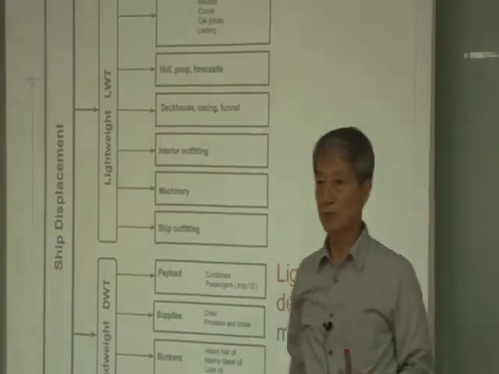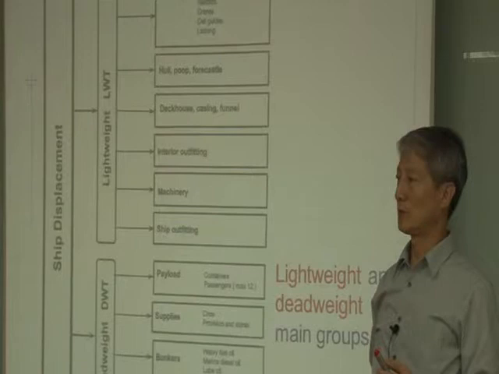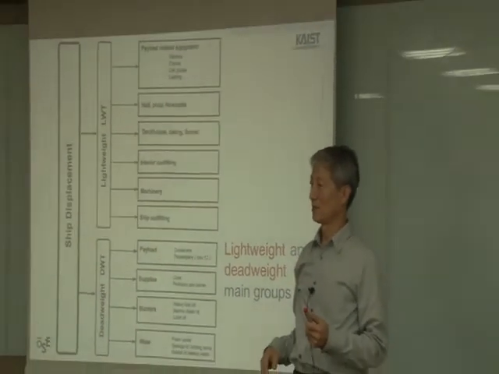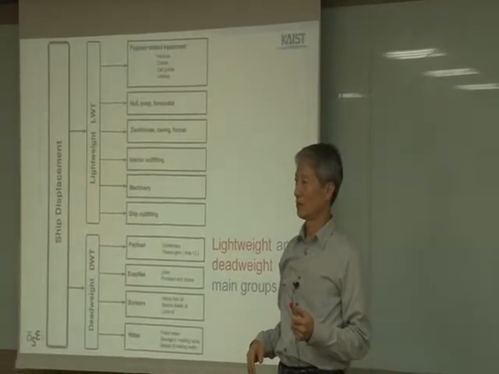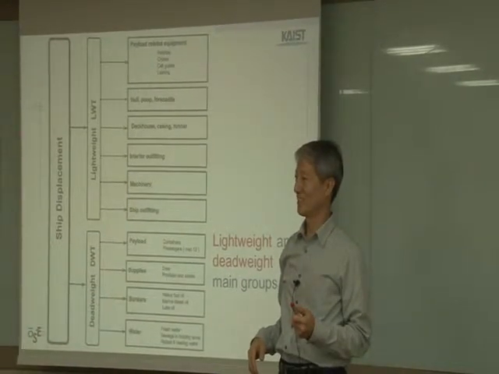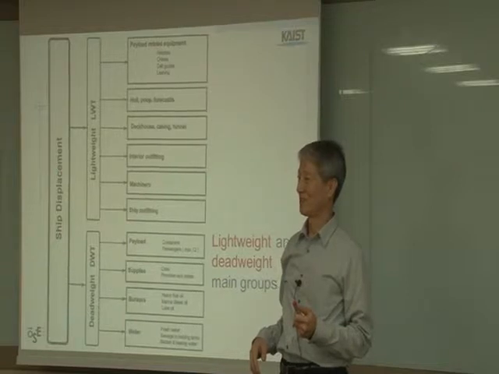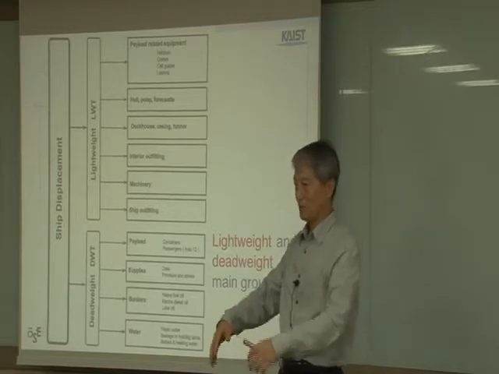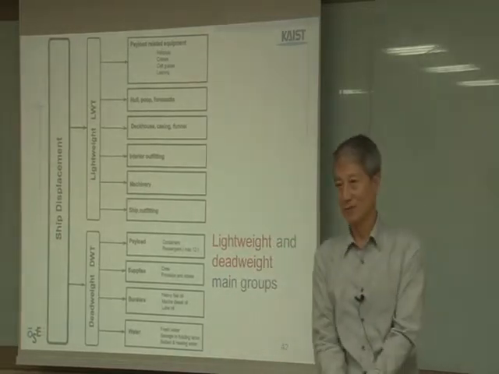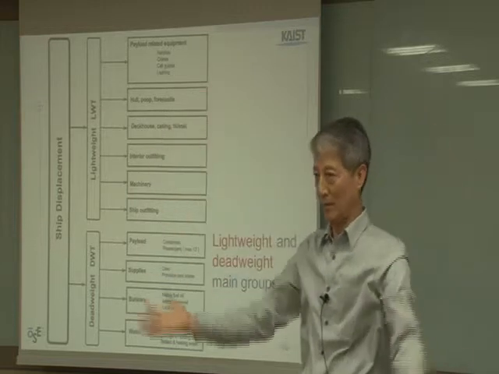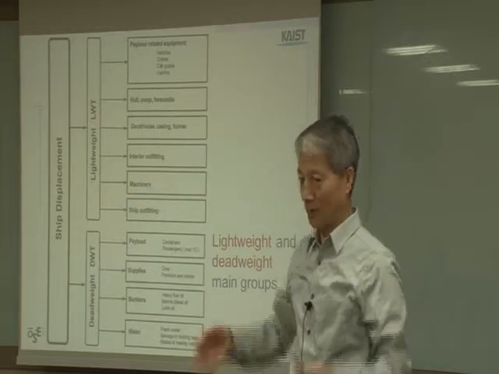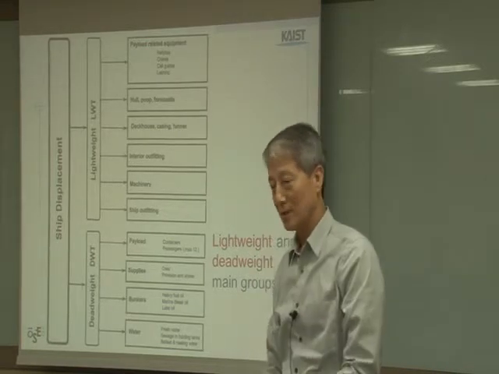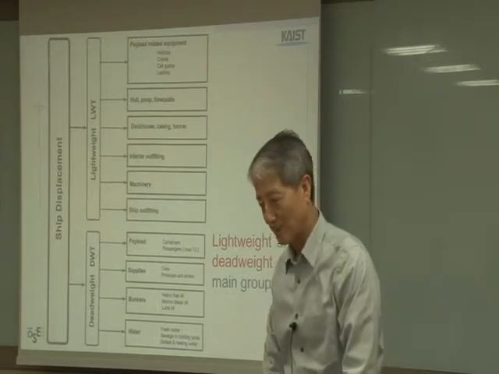So what is the displacement? Total weight, because the displacement should be the same as the total weight. What is the displacement itself? The ship displaces water underwater. When I'm pushing down, say, some big ball or big bowl, any shape, into the water, I should use force, right?